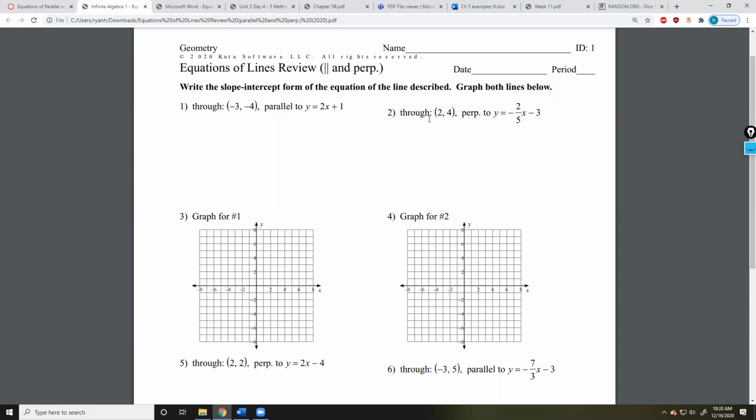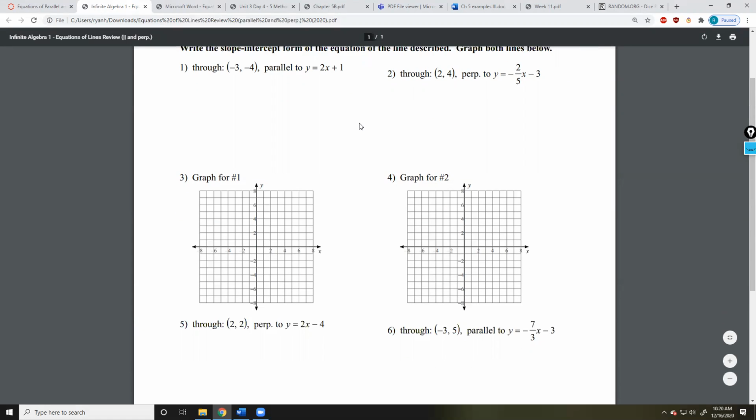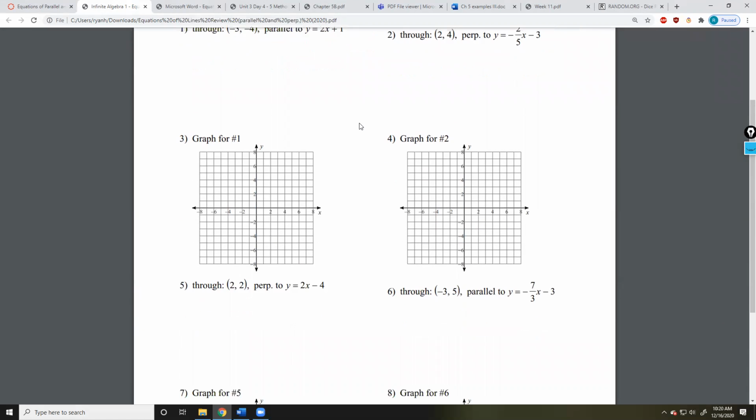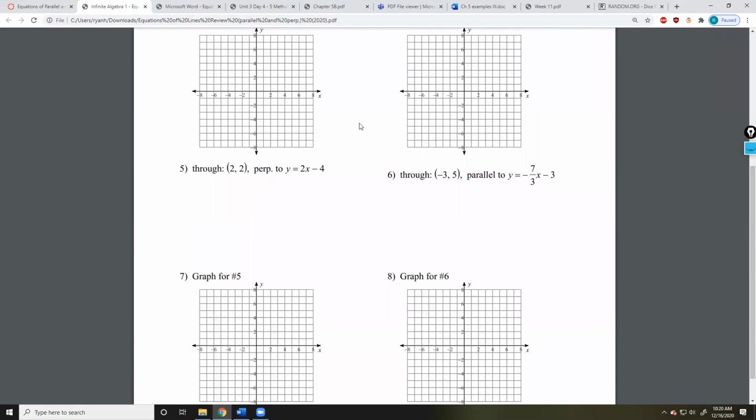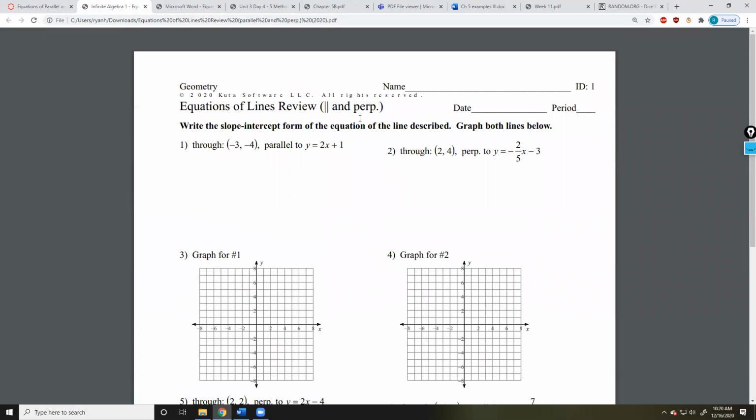Everything should work out nicely. We shouldn't have any messy fractions or anything like that. So all the problems should work out fairly nicely. You'll get some fractions for the slope, but when you distribute it and multiply it out, then everything should work out nicely.